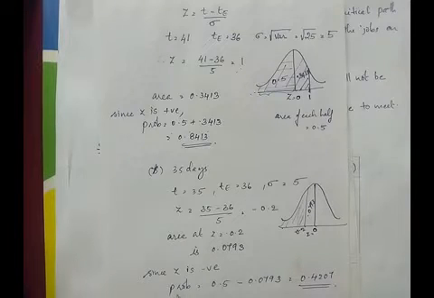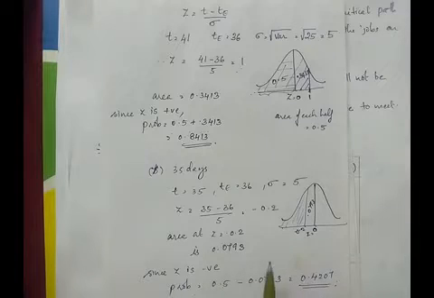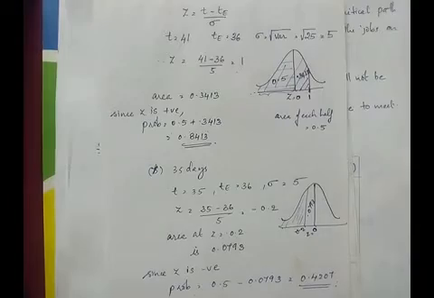That is how we get probability equal to 0.5 minus 0.0793, which is 0.4207. So this is the probability that the job will be completed within 35 days.